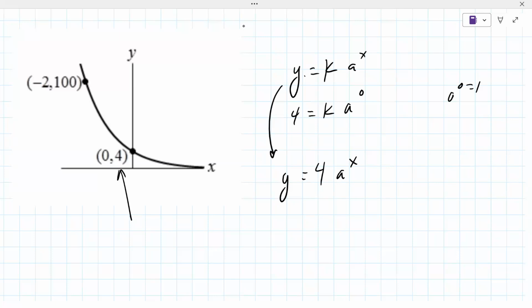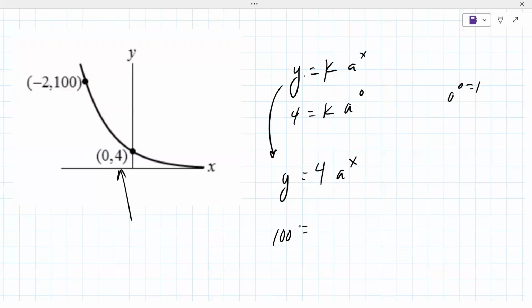You know what you come up with for a. Wouldn't a just equal 4?